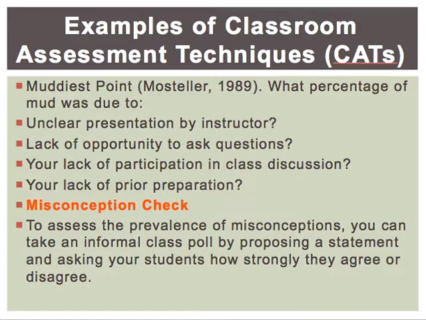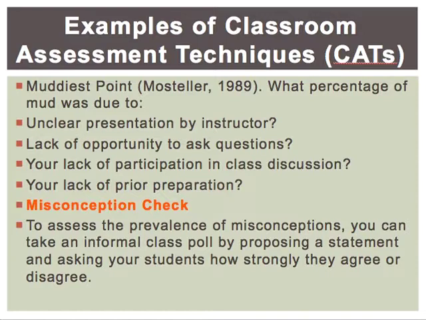The other is to check misconceptions. To assess the prevalence of misconceptions, you can take an informal class poll by proposing a statement and asking your students how strongly they agree or disagree.